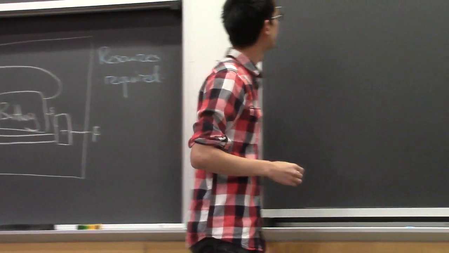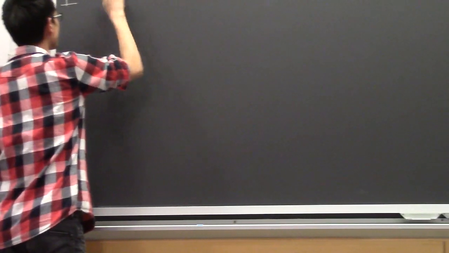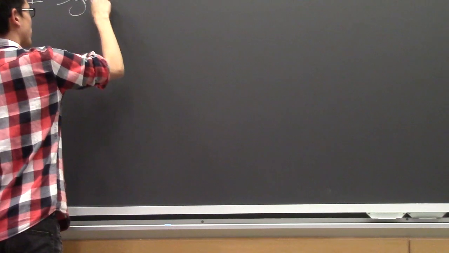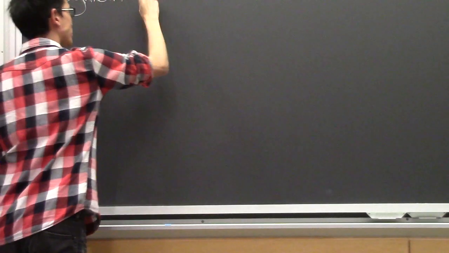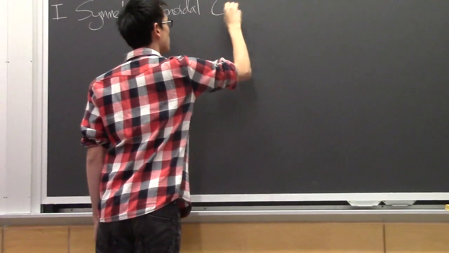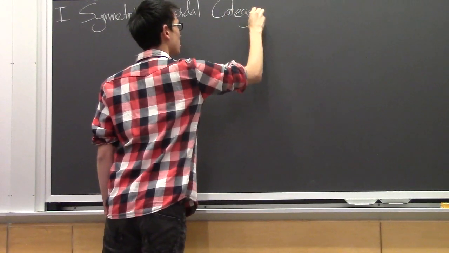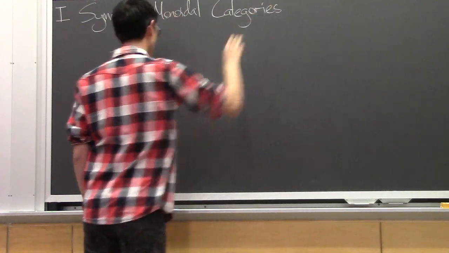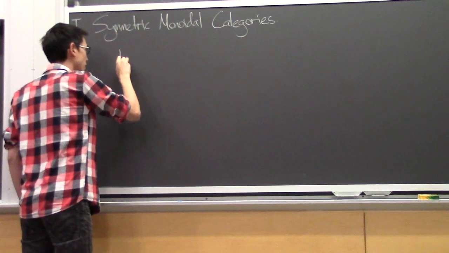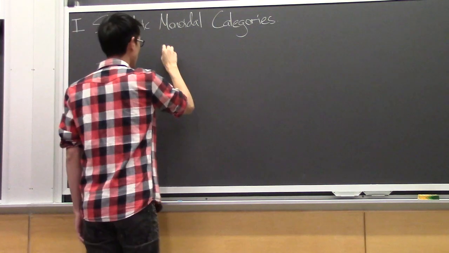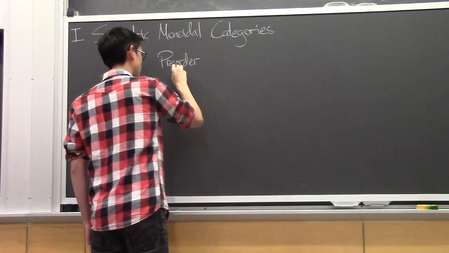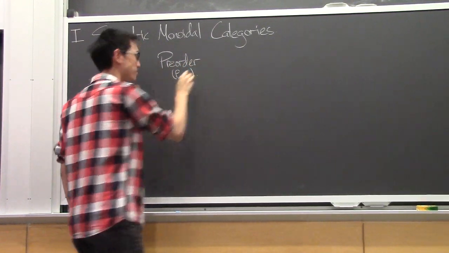Okay. So first though, monoidal categories. I particularly want to tell you about symmetric monoidal categories. So going right back to the beginning of this course, we first introduced this notion of a preorder. So this is a set with an order relation.